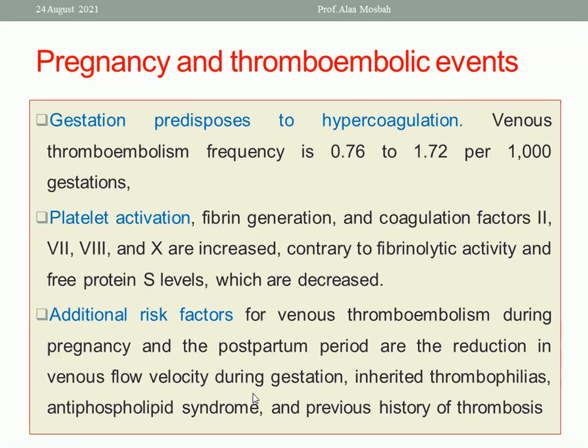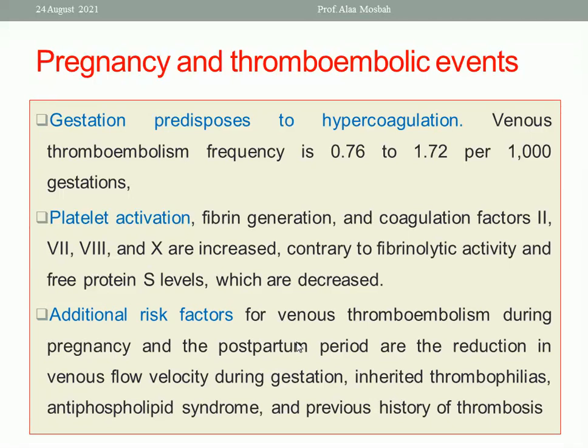All of us know that pregnancy itself is a hypercoagulable state, and there is a risk of thromboembolism due to increased coagulation factors 2, 7, 8, and 10, and fibrin generation, and decreased free protein S, and decreased fibrinolytic activity.